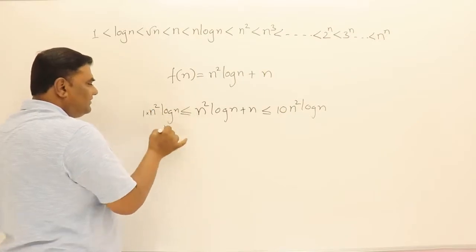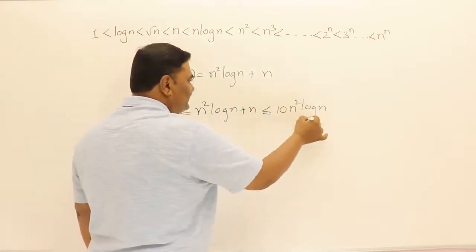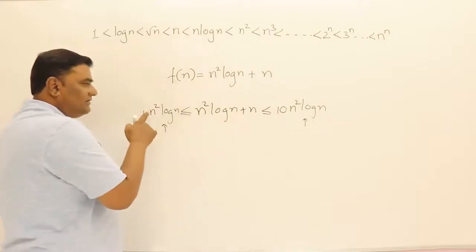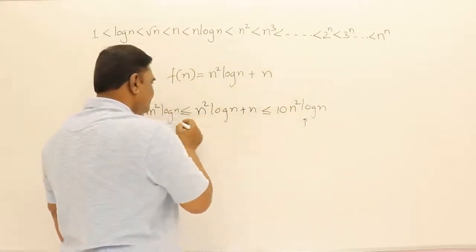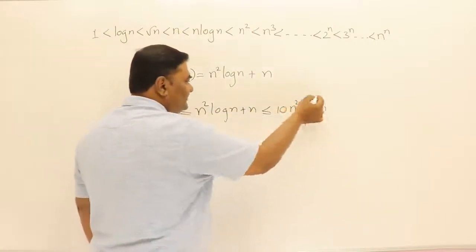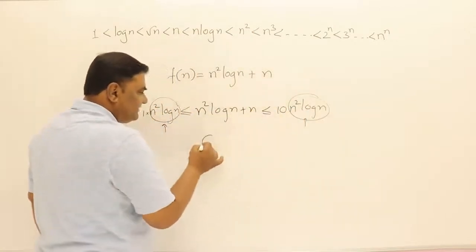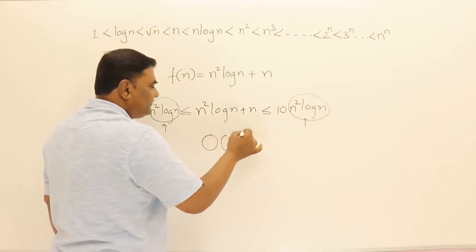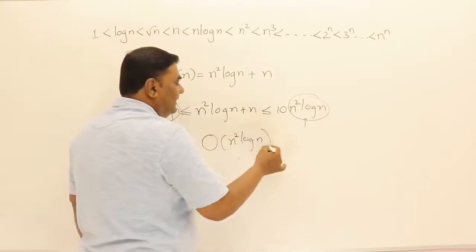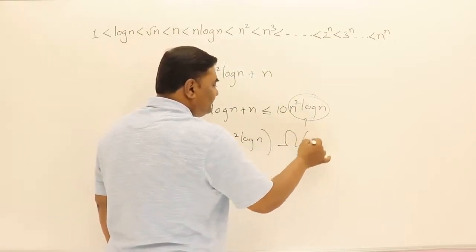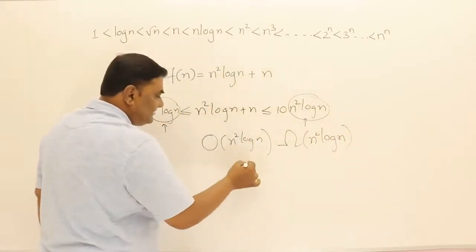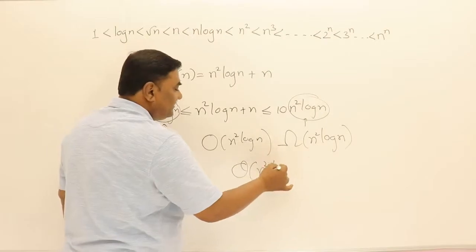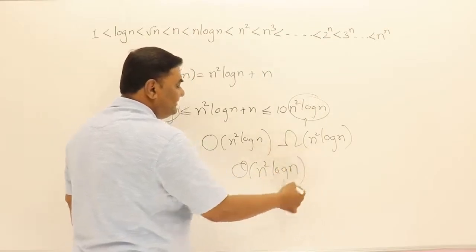So on both sides I got n square log n. So this is big O of n square log n and omega of n square log n, as well as theta of n square log n. So all three I have written together here.